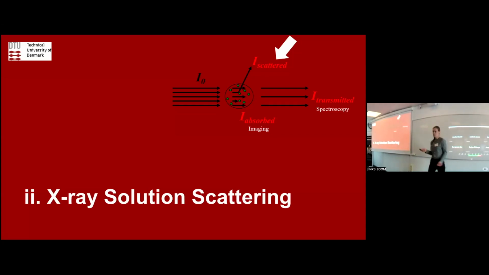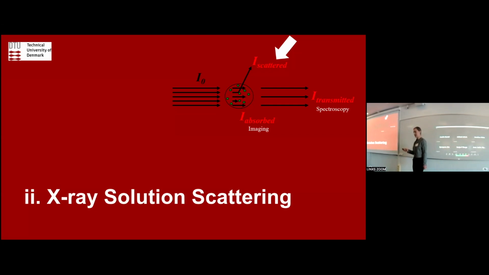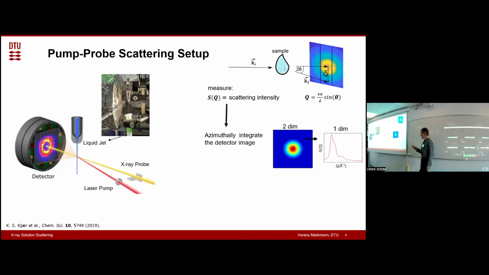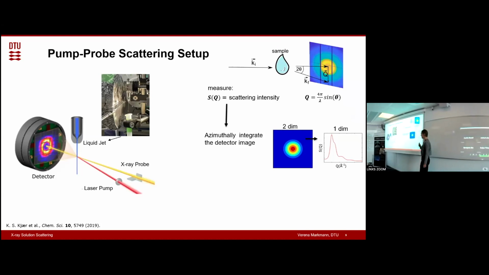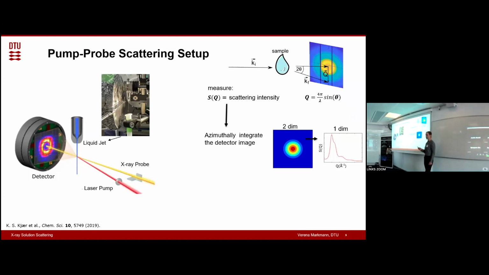The technique, as I said, that we are using is scattering. So we look at the scattered light and thereby learn something about the geometry of these systems. That is a pump probe approach, where we have a laser pump to excite the system and an X-ray probe that then scatters from our sample, which is in a liquid environment, a liquid jet in this case, and then scatters into a 2-dimensional detector.